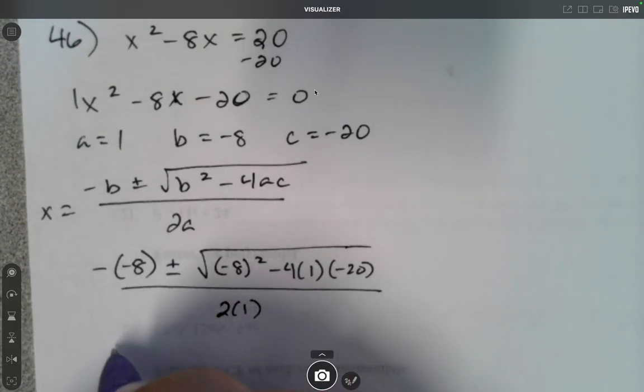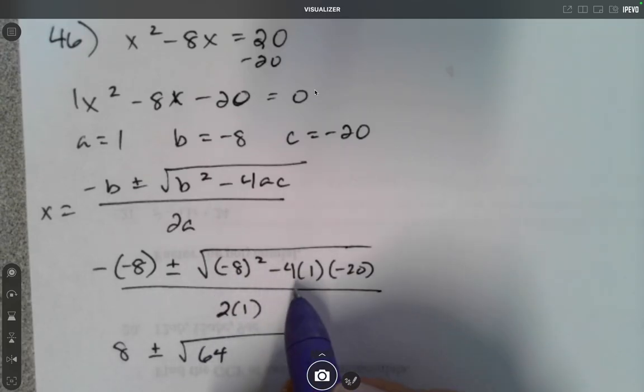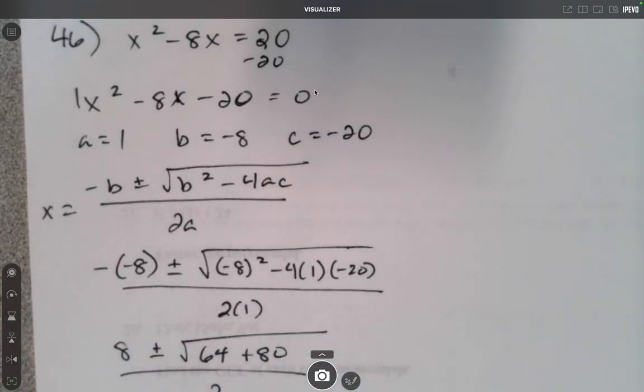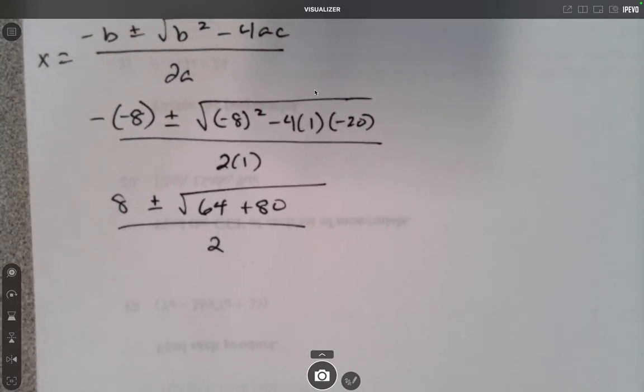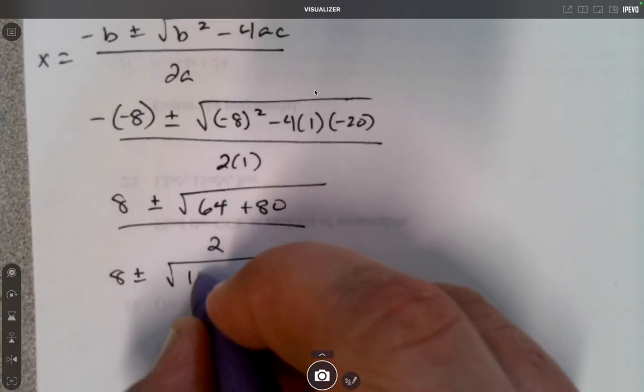So these two negatives cancel out, making it a positive 8. Negative 8 squared is 64. And then negative 4 times negative 20 is positive 80. That's all divided by 2. Okay, 64 plus 80 is 144.